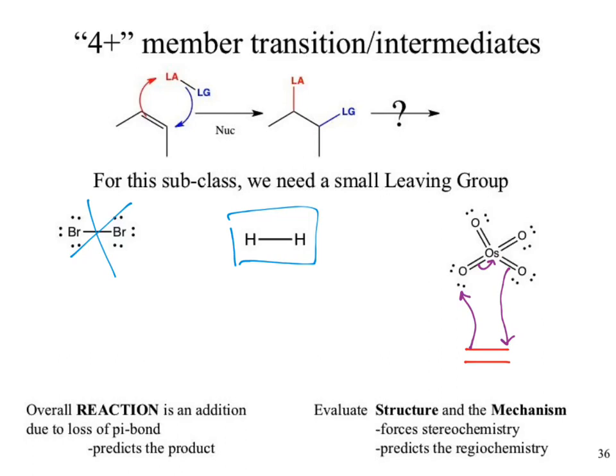Meaning in our intermediate, what do we have? We have the 2 carbons here. One is connected to an oxygen. That oxygen is connected to osmium. That osmium is connected to this oxygen. And that pi bond that we just broke is now making a new sigma bond between the oxygen and this carbon. And we end up with how many atoms in our cyclic structure?